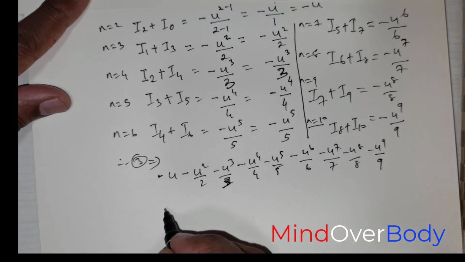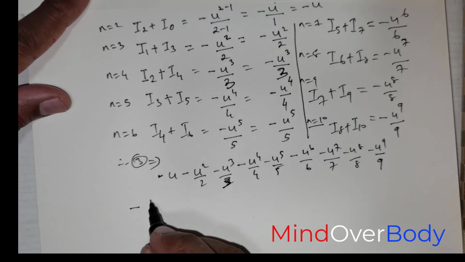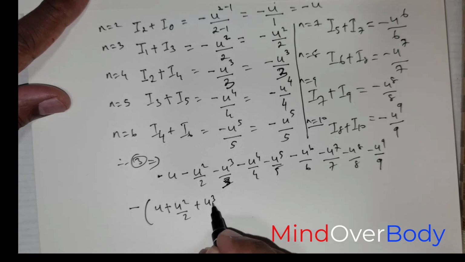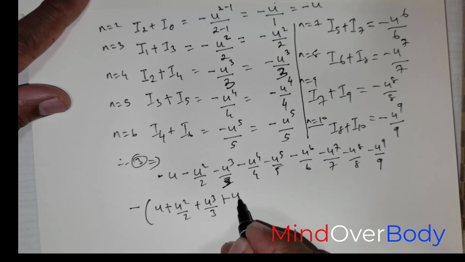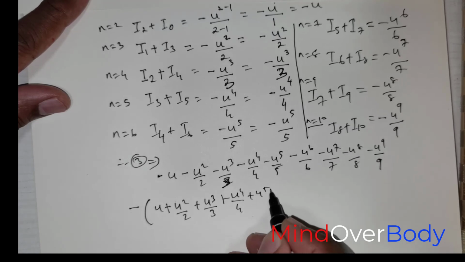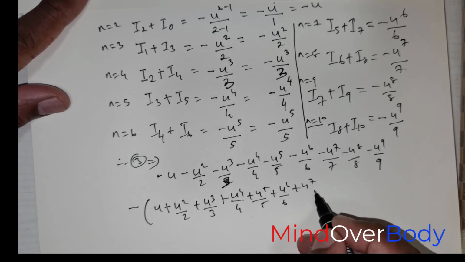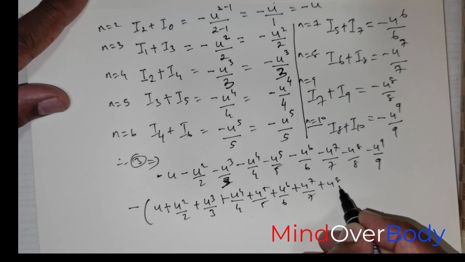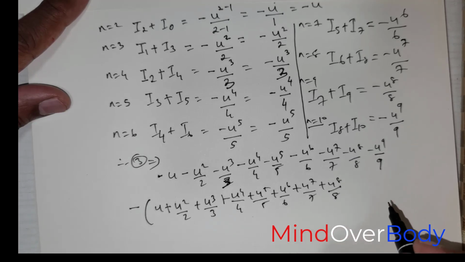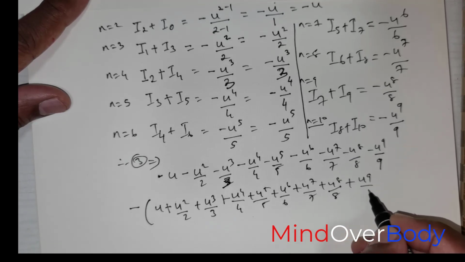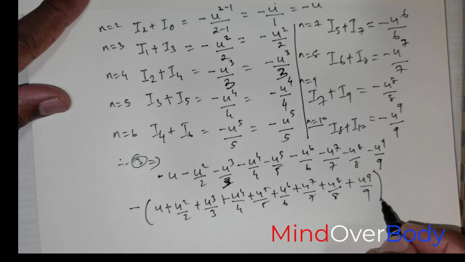So if I were to take the negative sign out, this would give me u positive u squared over 2 positive u cubed over 3 positive u to the 4 over 4 positive u to the 5 over 5 positive u to the 6 over 6 positive u to the 7 over 7 positive u to the 8 over 8 positive u to the 9 over 9. So this is what I have got.